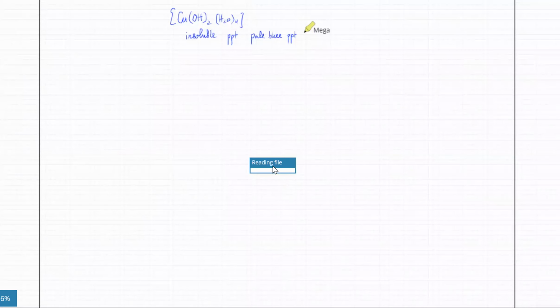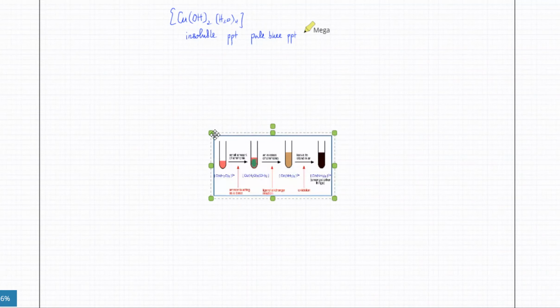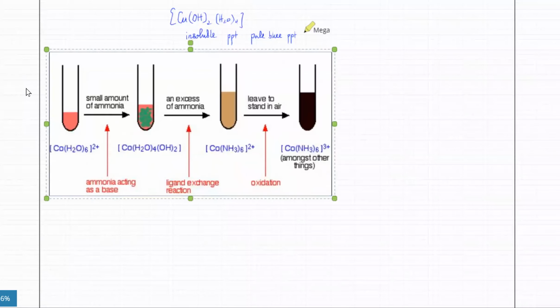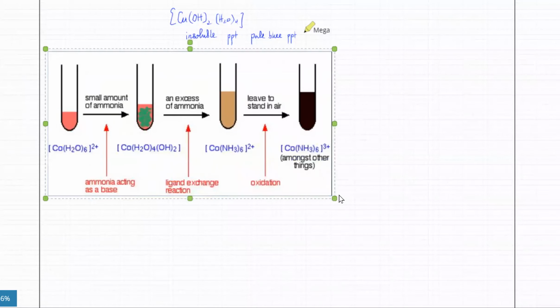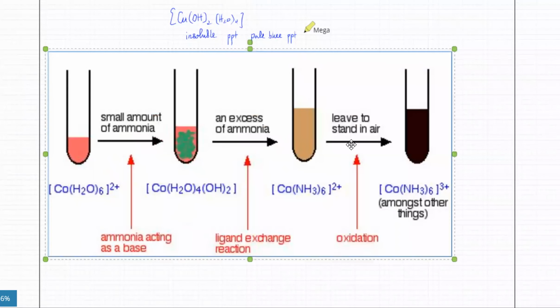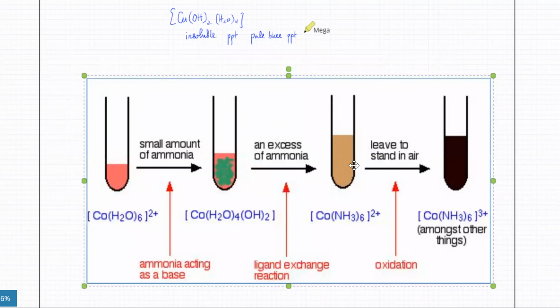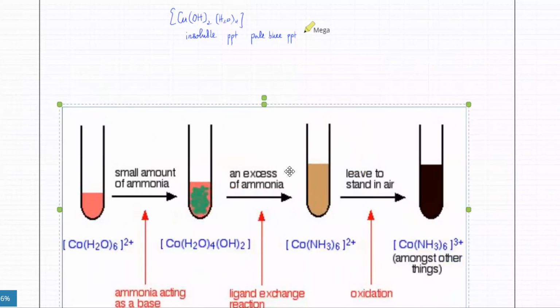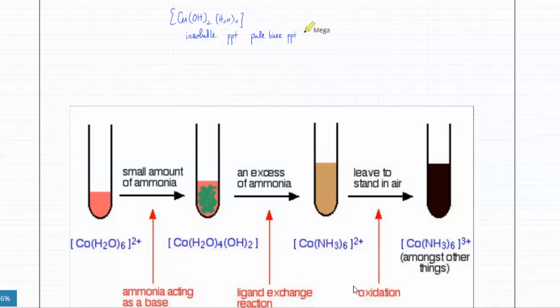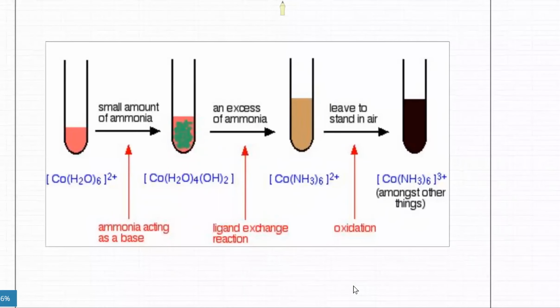So this is cobalt. I'll write the colors for cobalt. So cobalt, if it's with 6 water molecules, and let me just add on top cobalt complexes.